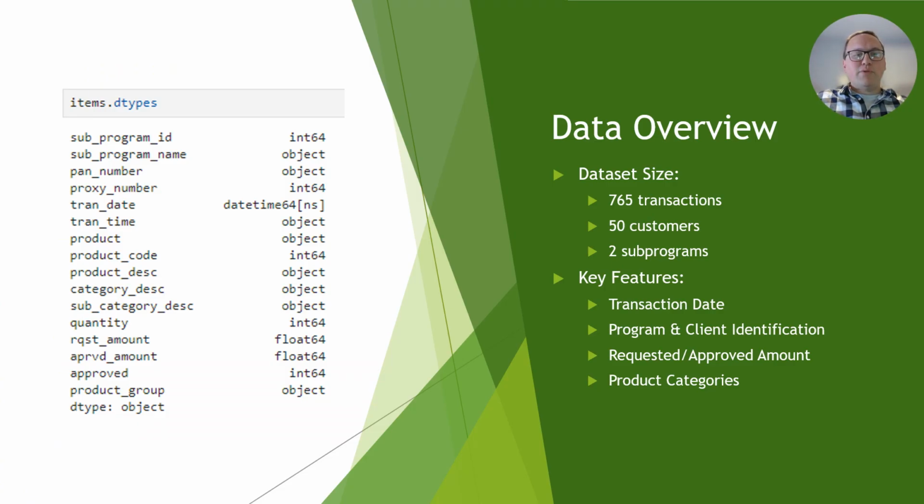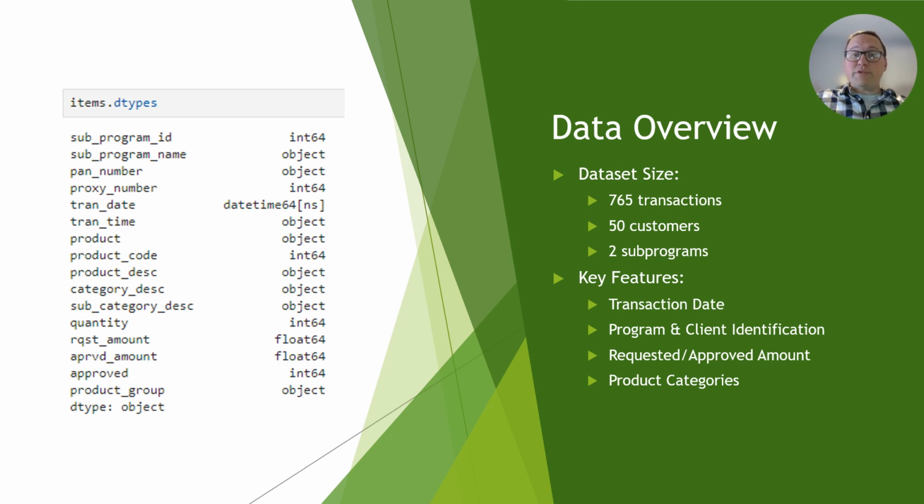Here's an overview of the data set. We have many different metrics for purchases. In this data set, we have 765 transactions between 50 customers and 2 subprograms. So half of these customers are in one subprogram, half are in the other.